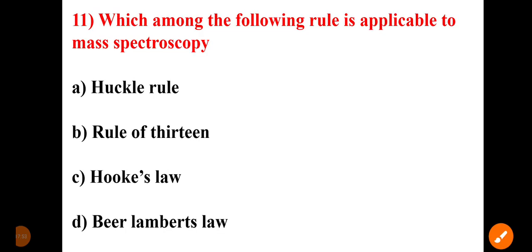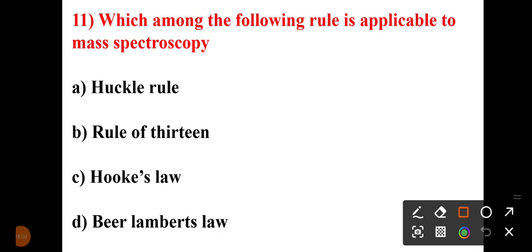Okay, the next one: which among the following rules is applicable to mass spectroscopy? Here are the different rules: Huckel rule, rule of 13, Hooke's law and Beer-Lambert's law. Huckel rule is related to aromaticity. Rule of 13 is related to mass spectroscopy.